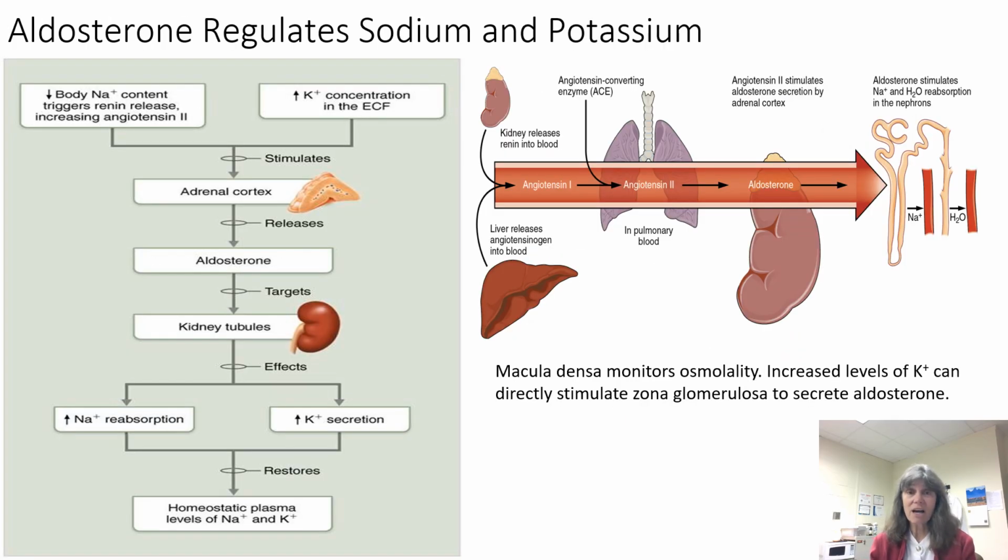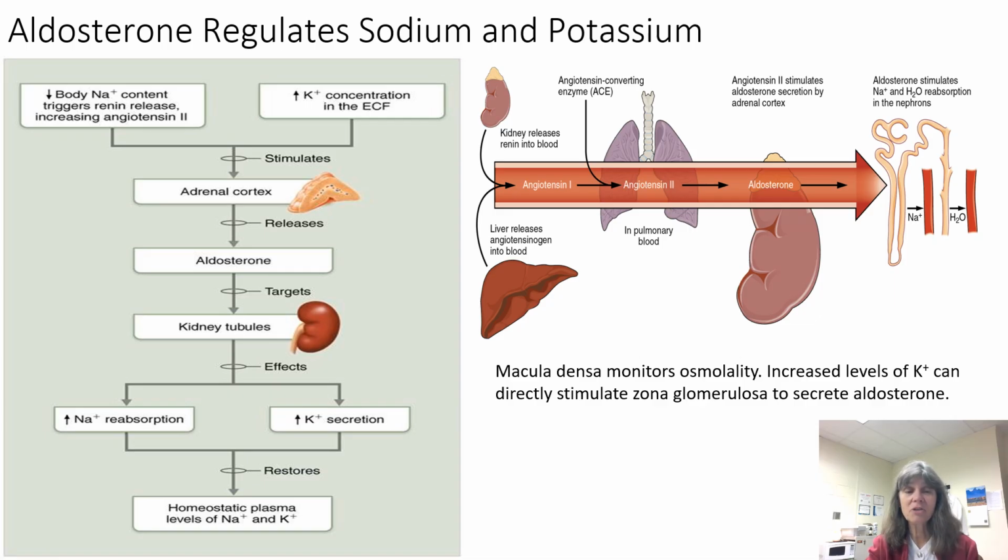We know that aldosterone helps to regulate both sodium and potassium. We saw this picture on the left before, how when body sodium concentration decreases, that triggers the renin-angiotensin-aldosterone system, where we increase the reabsorption of sodium and increase potassium secretion.